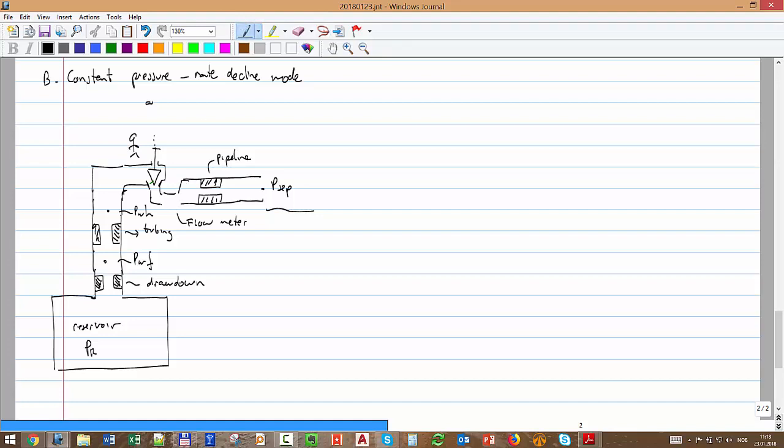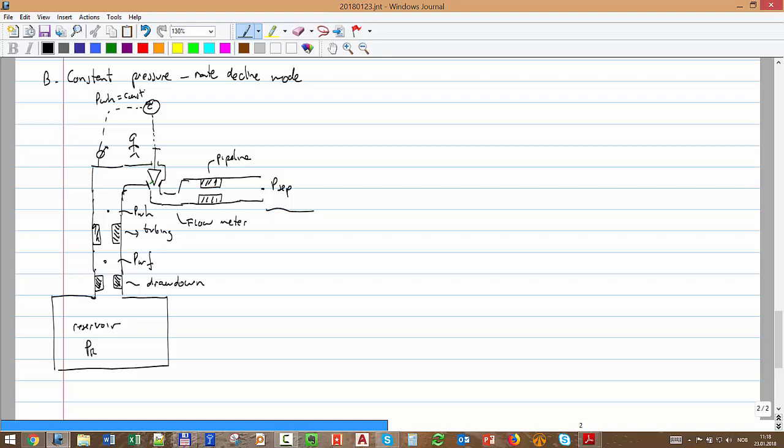I put here a pressure gauge. Okay, I put the same controller that I have here, and then I have an actuator, and I'm going to be sure that all the time I operate with wellhead pressure constant. Exactly the same arrangement.